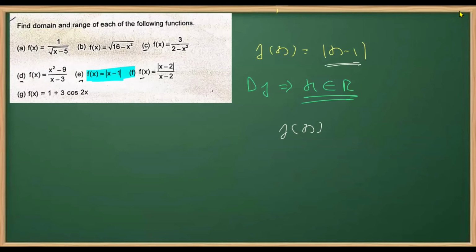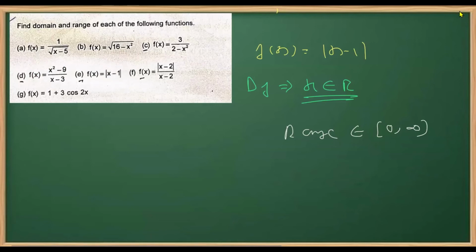So we can figure out from the function that we are always getting f(x) either 0 or positive. So the range, we can straight away write, is 0 to infinity, that is 0 included, to positive infinity.